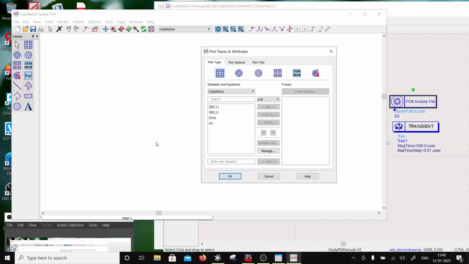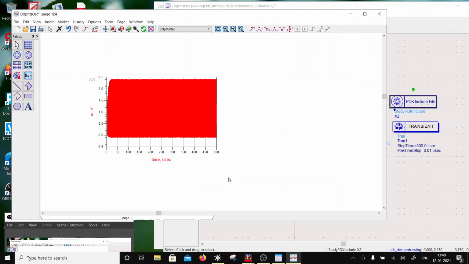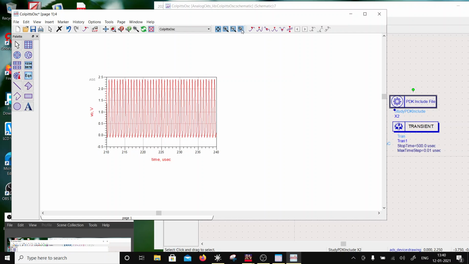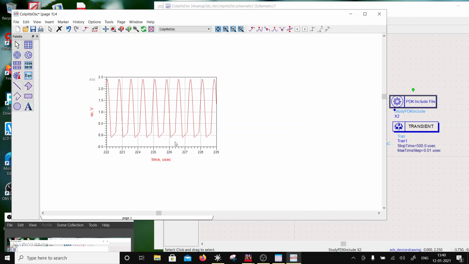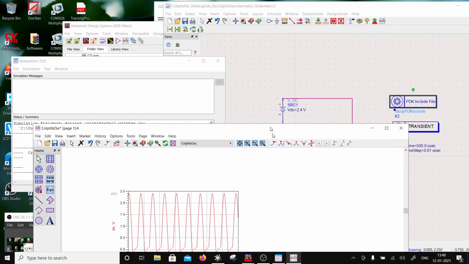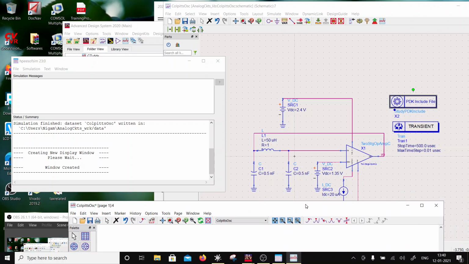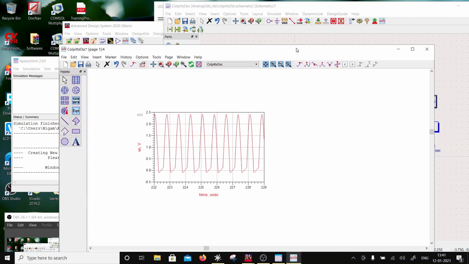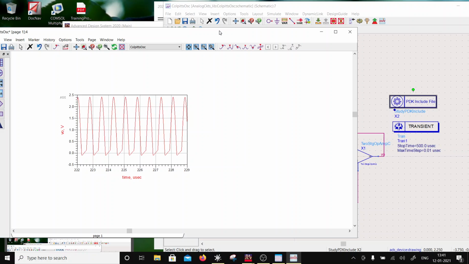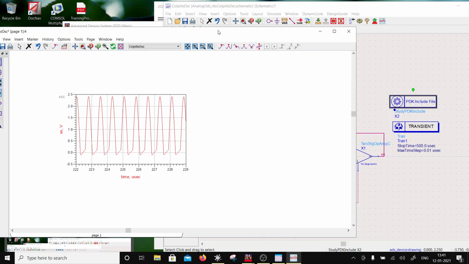And here I'm going to plot the output voltage, and it's oscillating, right? So let's zoom into a certain portion, and we will look at the frequency also. So let's just zoom into a certain portion and see the nature of oscillations. Okay, zoom further. Okay, this is oscillation, but this is not what the sine wave is, right?